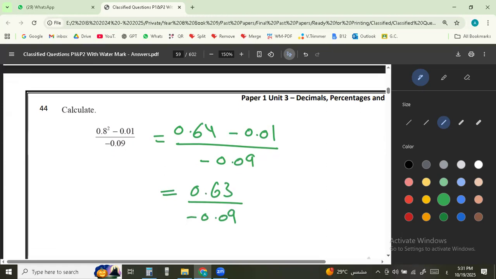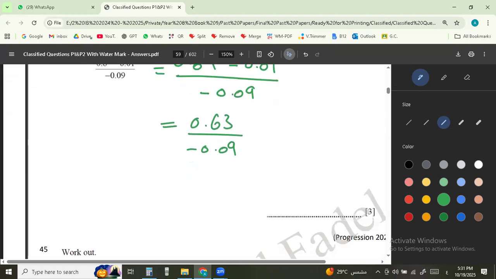Okay, Mr. Bas, you told us that we cannot divide if the denominator has a decimal. Yes, you're right. So let's multiply up and down by 100 to make the denominator a whole number, which means 63 over 9. What is 63 divided by 9? It is going to give you, oh, sorry, it is negative 9. 63 divided by negative 9 is going to give you negative 7.